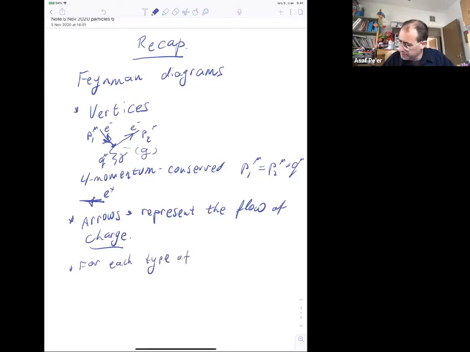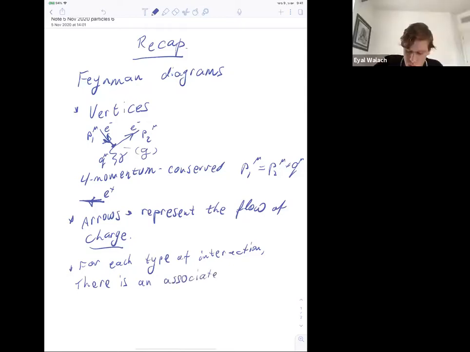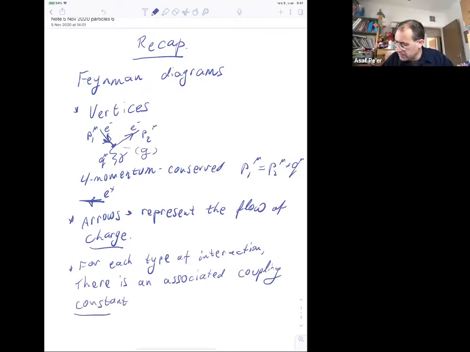From the coupling constant, we calculate measurable quantities. We'll calculate the quantum amplitude, and eventually from that, we will calculate the probability of an event to happen, the decay, the lifetime of a particle that decays, etc.